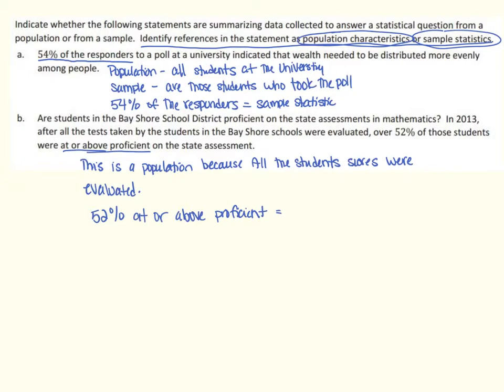Okay. So from the top, from the instructions, you have to say whether or not it's a sample statistic or a population characteristic. Well, since we consider this scenario a population, then this is going to be a population characteristic. It's just another one of those fancy names that people have to assign in math. All right, let's get a move on.